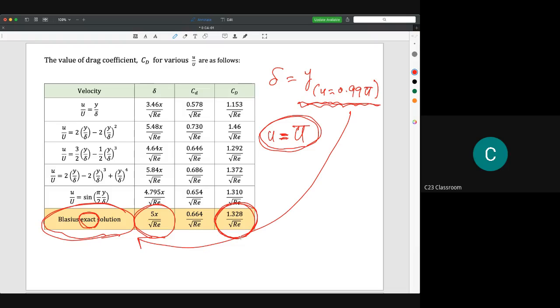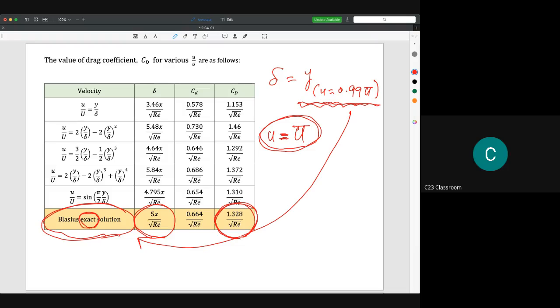So it means if your question does not specify whether your laminar boundary layer velocity profile is quadratic or sinusoidal or by the power of 3 or 4, you may assume that your laminar boundary layer fulfills the Blasius solution.